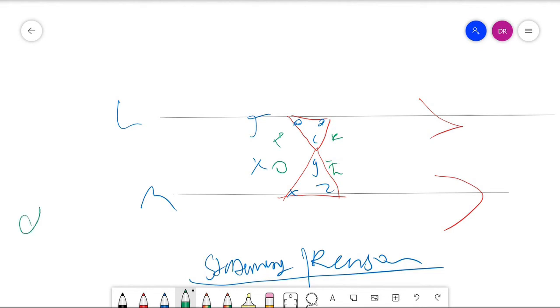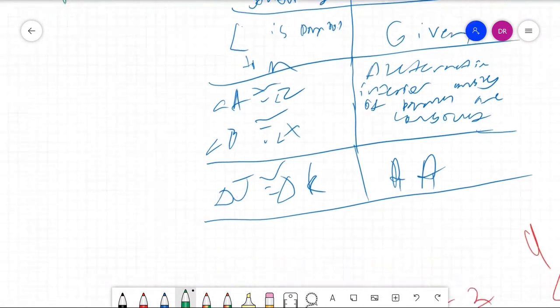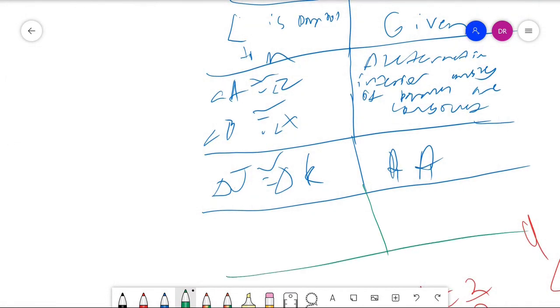The thing that you're trying to prove is that O over P is equal to E over R. Let's just say R.